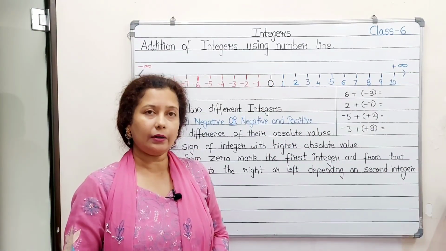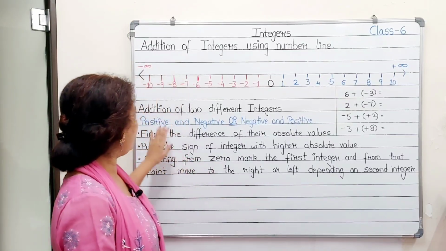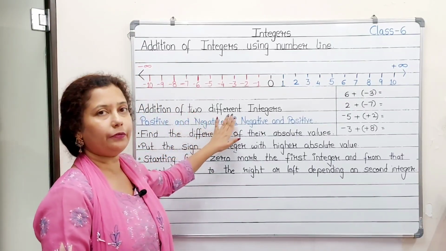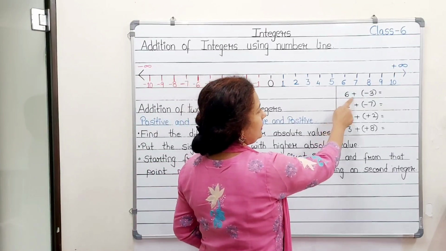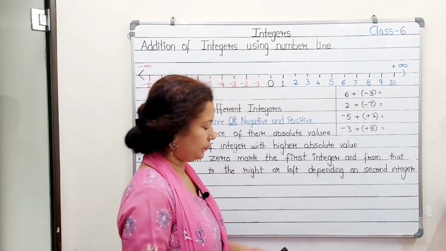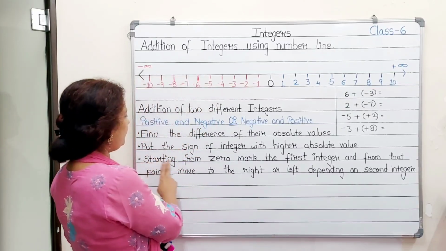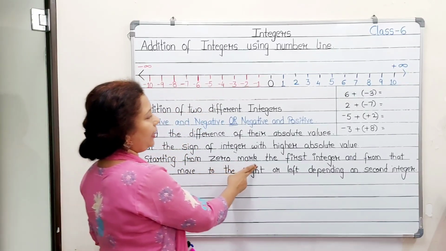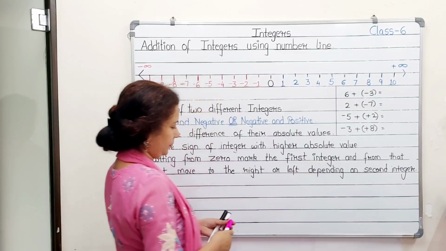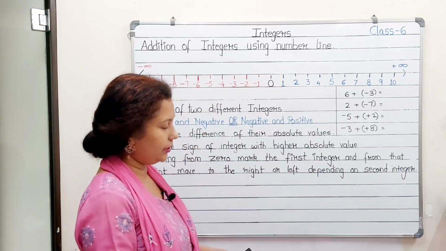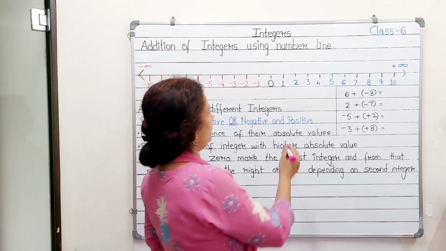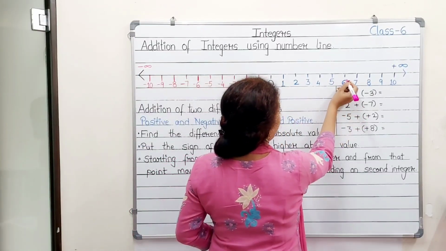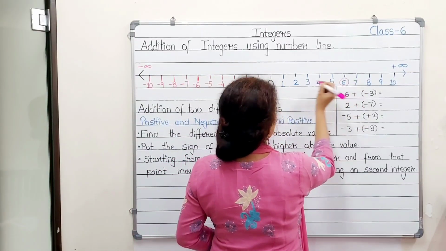Now we will see how to do the marking for addition of two different integers. So the first example is 6 and minus 3. Again we will start from 0 and mark the first integer. It's a positive integer, so we will move to the right side of 0 and mark the first integer, that is 6.